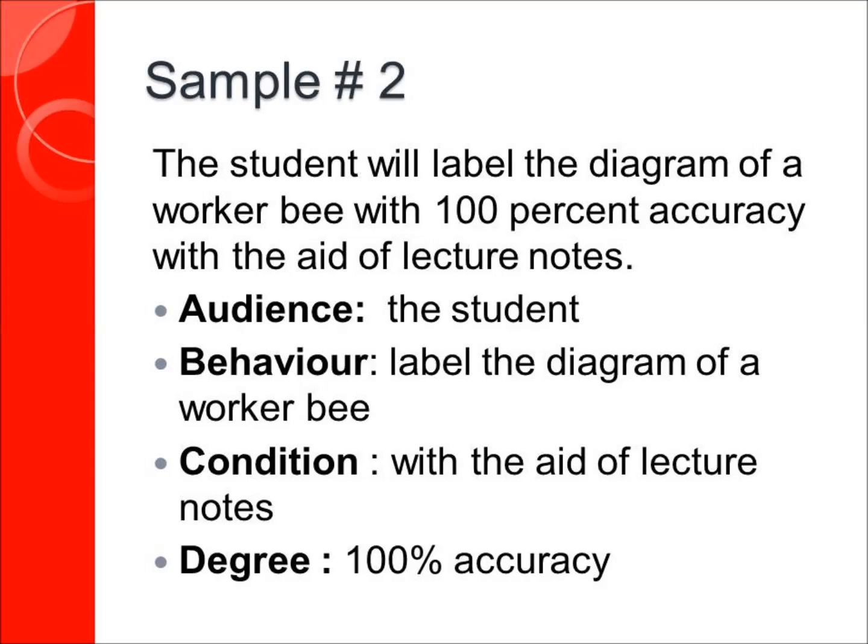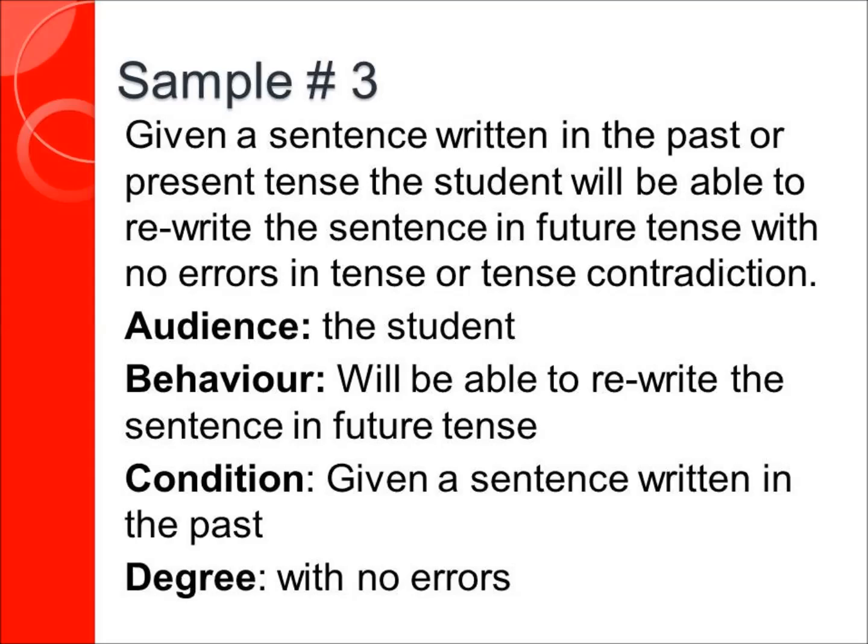Sample 2. The student will label the diagram of a worker bee with 100% accuracy with the aid of lecture notes. Audience, the student; behavior, label the diagram of a worker bee; condition, with lecture notes; and the degree, 100%. Sample 3.